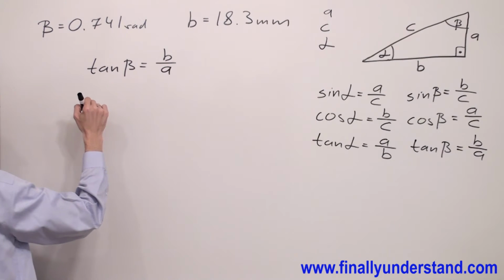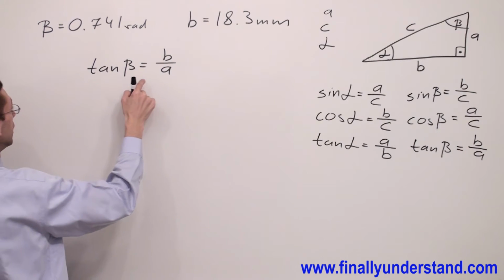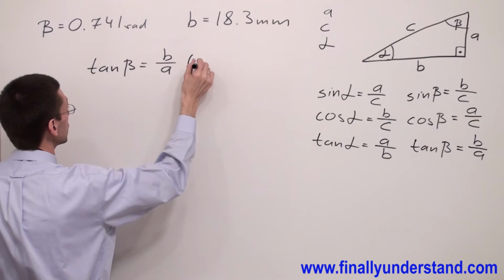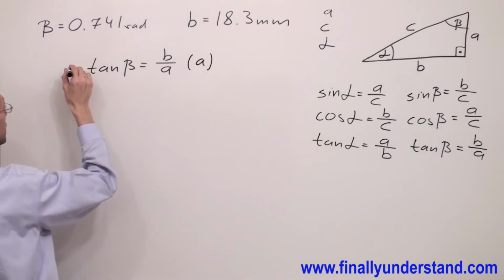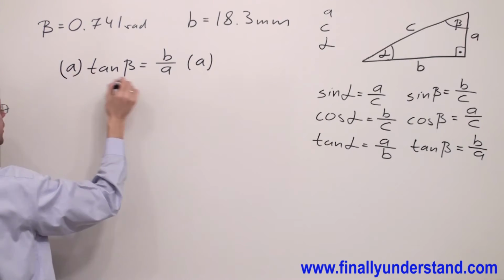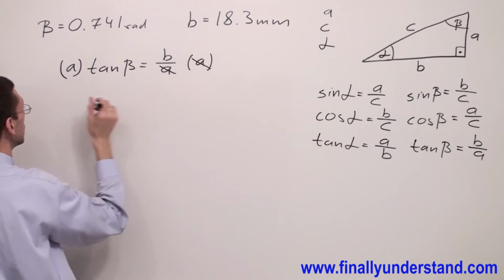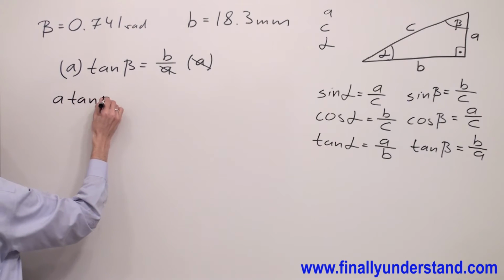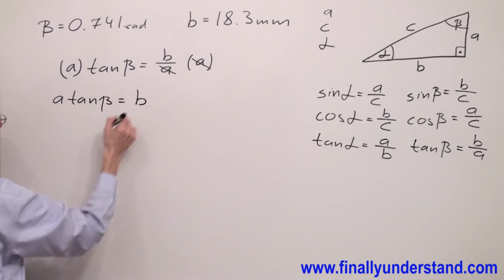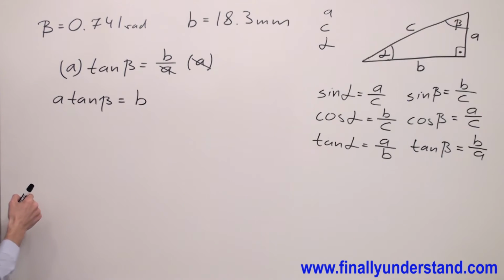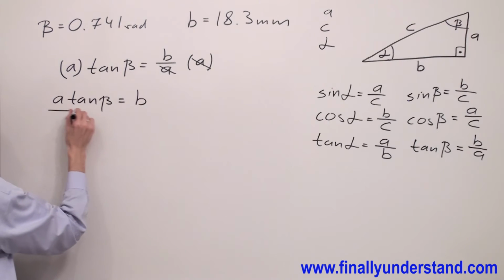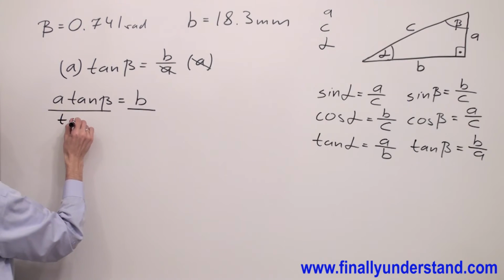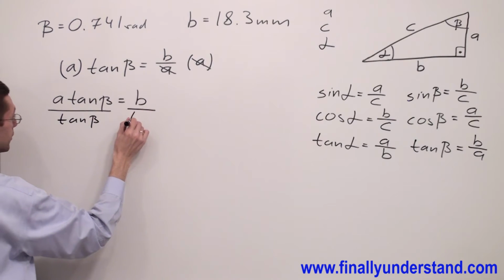In order to find side A, I'm supposed to multiply both sides of the formula by the denominator of my fraction. A and A will cancel out. So I have A tangent beta is equal to B. In order to find A, I'm supposed to divide both sides of my formula by tangent beta.